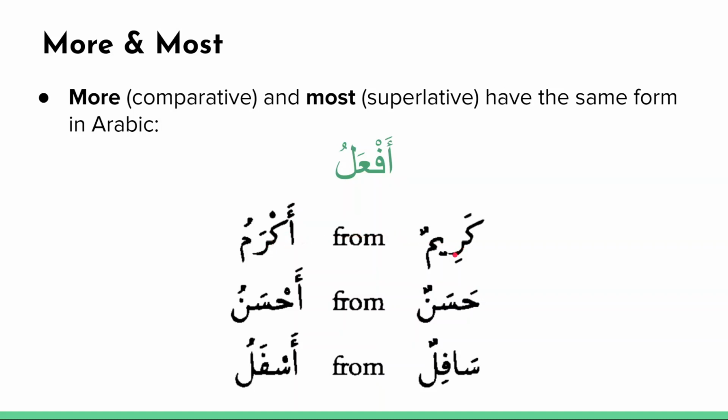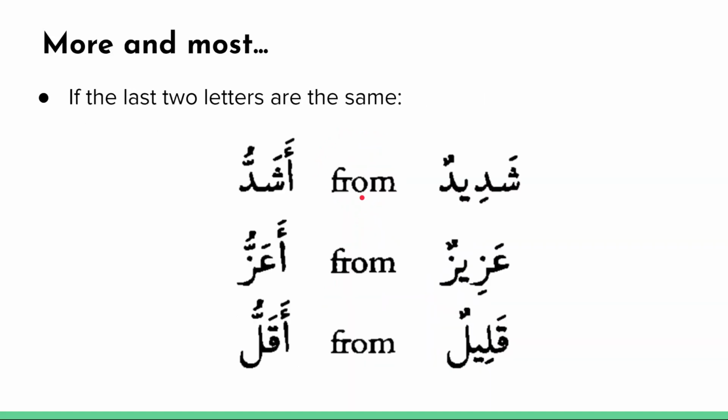So kareem, generous, akramu, more generous or most generous. Similarly, hasanun, which can mean beautiful or excellent, becomes ahsanu, more beautiful. Safilun, asfalu. So in all of these cases, you just take the three root letters and you put it into this form here, af'alu. Okay?